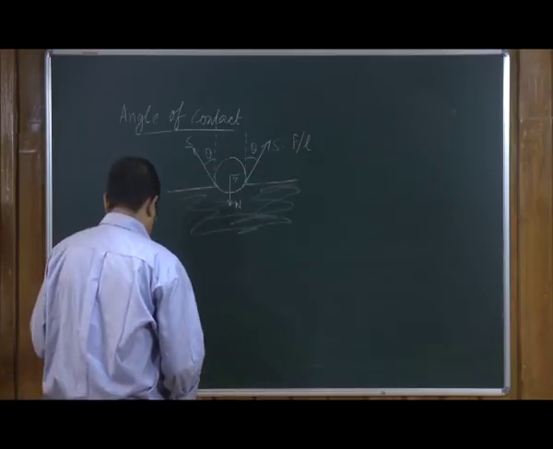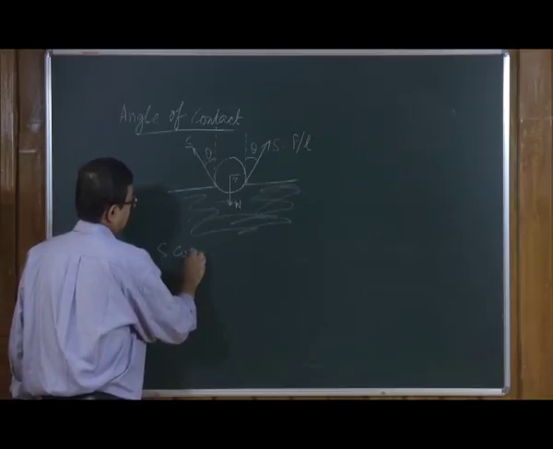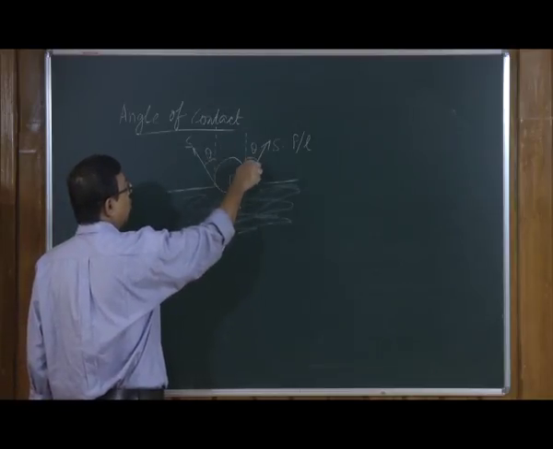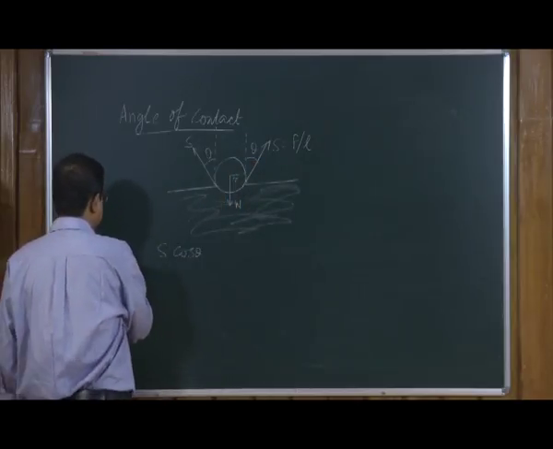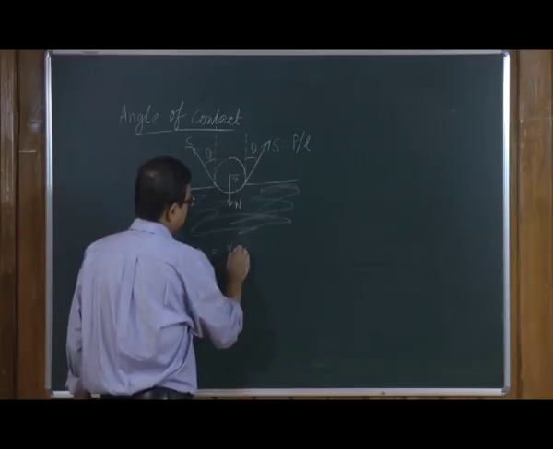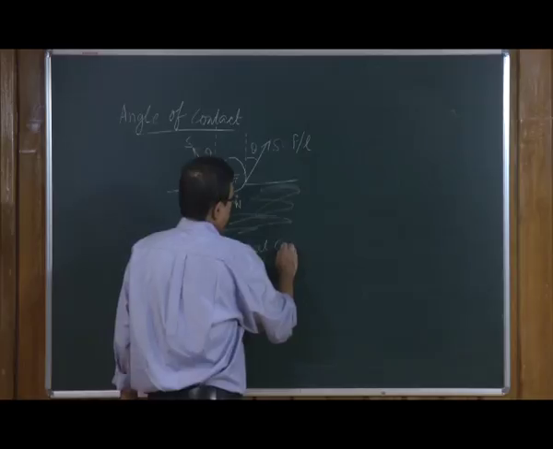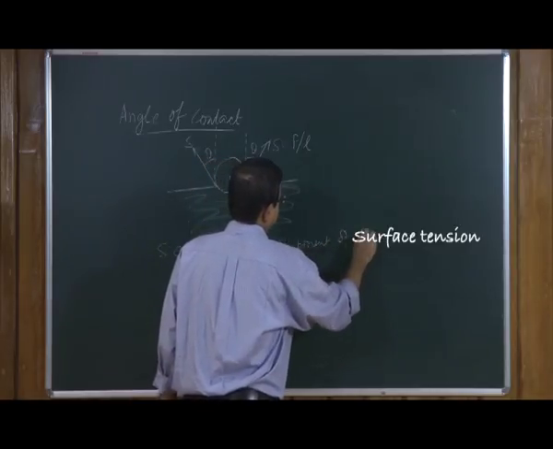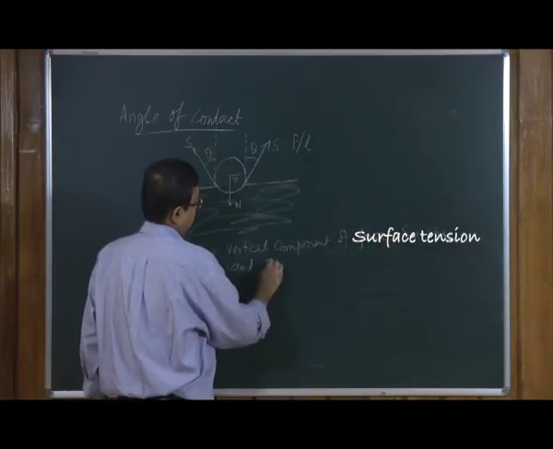So, we have S cos theta surviving. If we draw theta like this, the vertical component will be S cos theta. So, S cos theta is the vertical component of surface tension, and supports the weight.